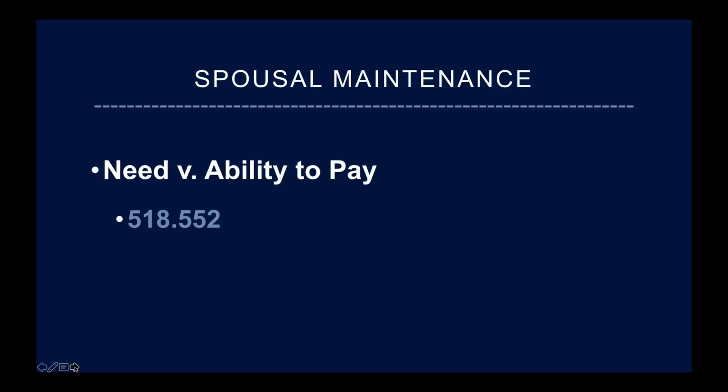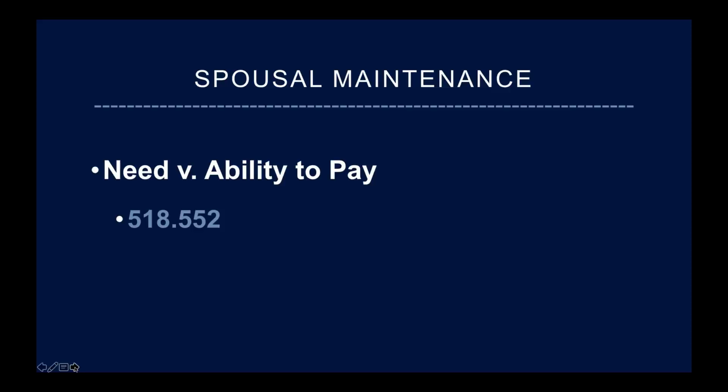But the general concept is this, that if someone doesn't have enough income to meet their monthly expenses after a divorce, and the other party has the ability to assist them with meeting their monthly expenses, they've demonstrated a need for spousal support. And therefore, the court will consider the 6 or 7 factors that are outlined in 552, which include things like how long people have been married, the health of the parties, the age of the parties, the lifestyle they had during the marriage, things of that sort.